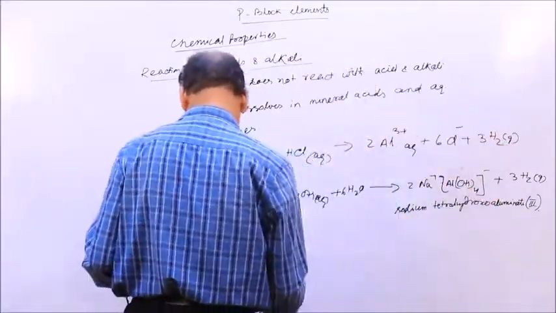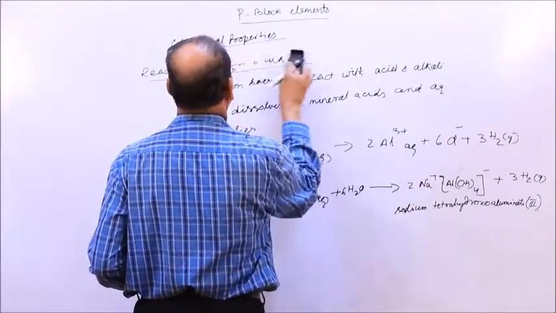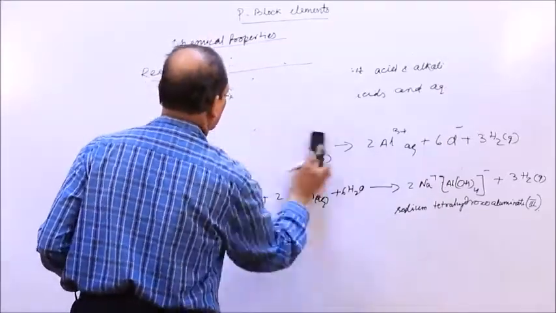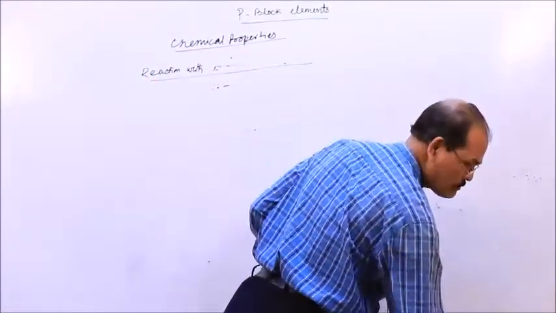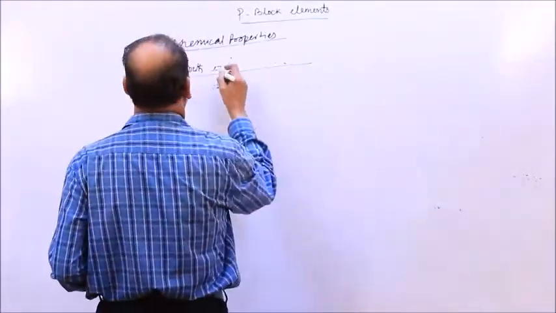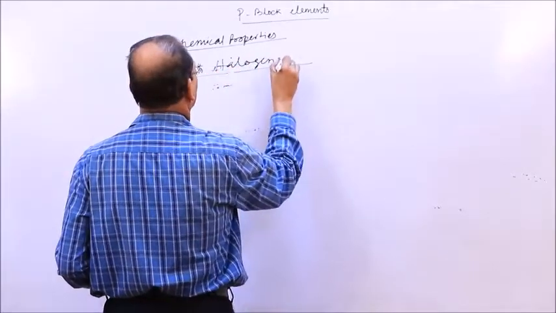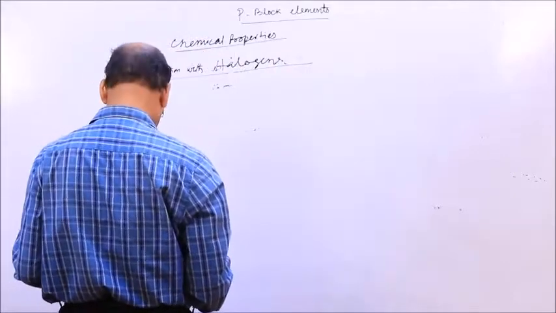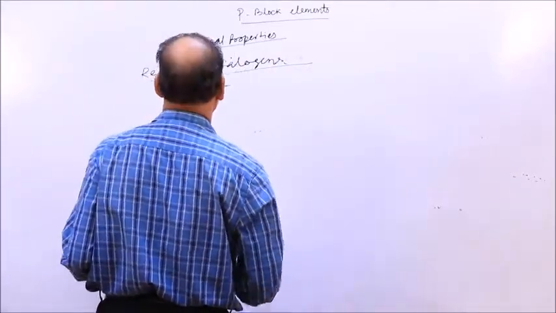Then reactivity towards halogens, reaction with halogens. These elements react with halogens to form trihalides.